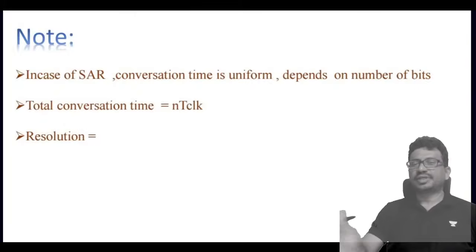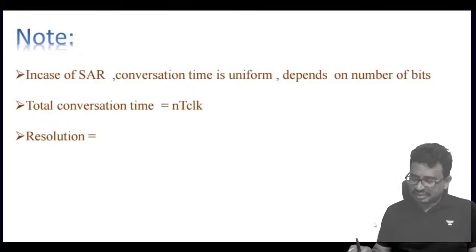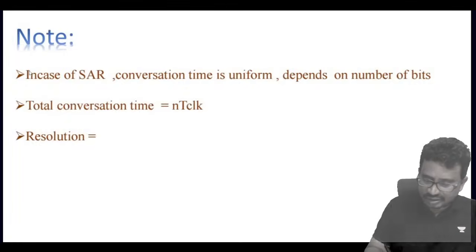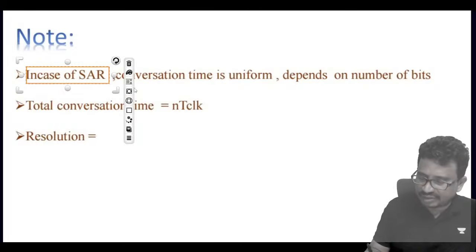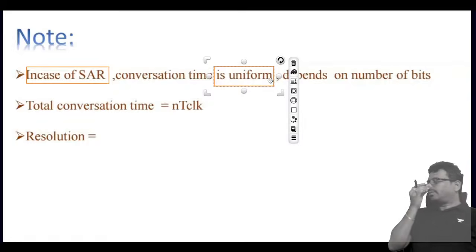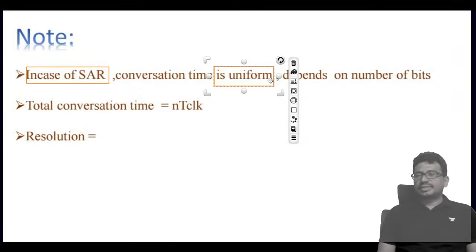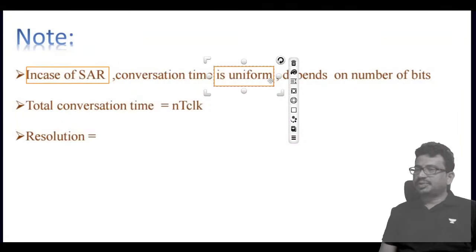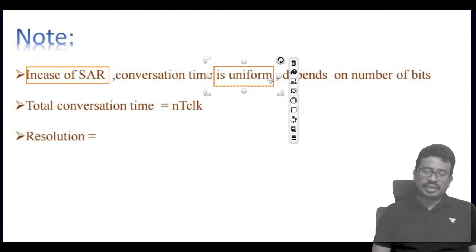Right. So in case of SAR, the conversion time is uniform. Whether it is a small value or a big value, it will remain uniform. It does not depend upon the magnitude, it depends only on the number of bits.